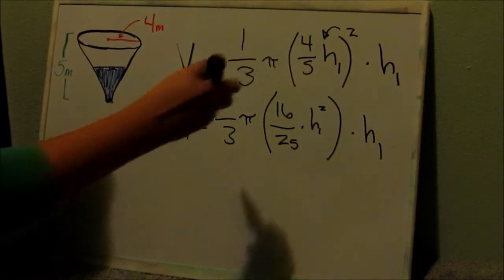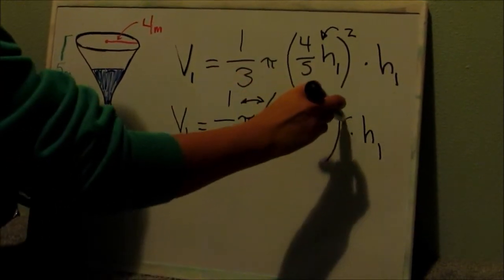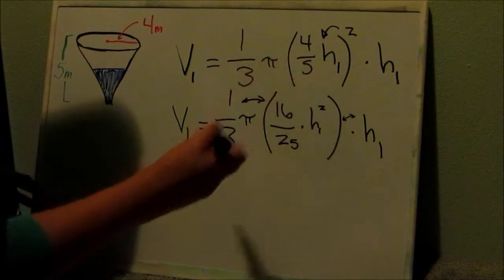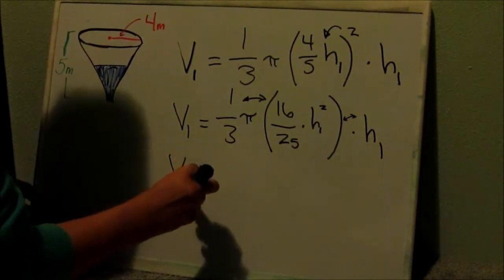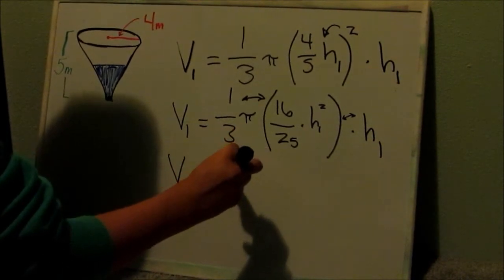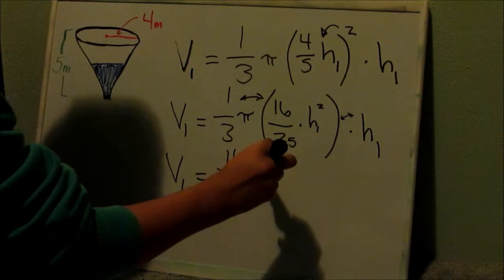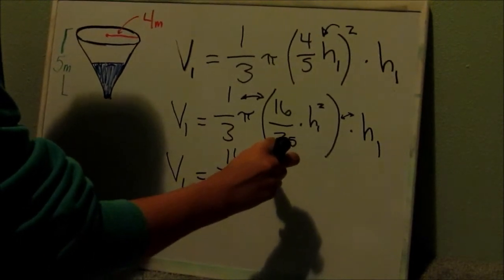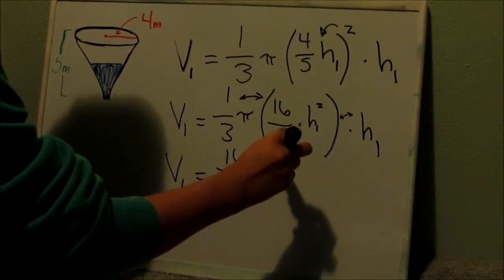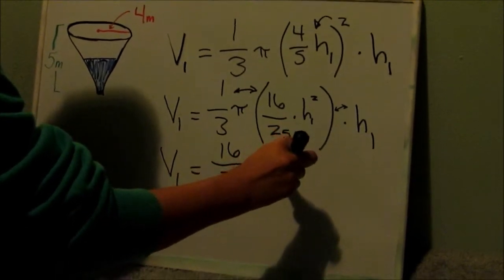To further simplify, multiply the two fractions together and multiply the two H sub 1's together. V sub 1 equals 16/75 pi times H sub 1 to the third power.